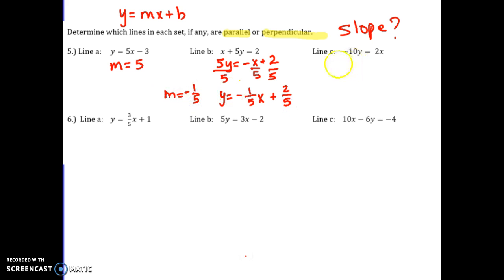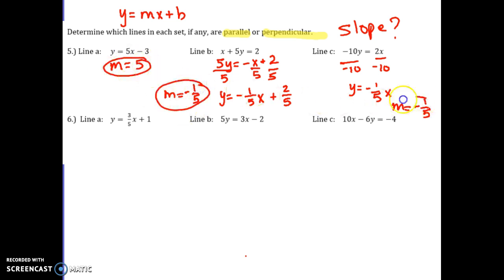For this one, I've got -10, so I divide both sides by -10, and I get y is equal to -1/5 x. So my slope here is -1/5. If you look at our three slopes, you can see that line A is perpendicular to lines B and C, and lines B and C are parallel.